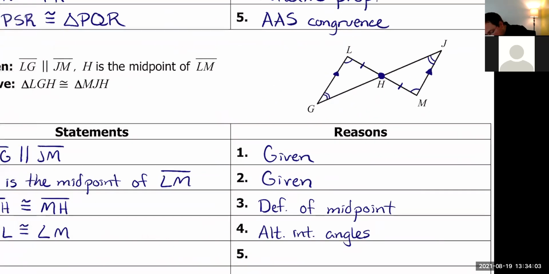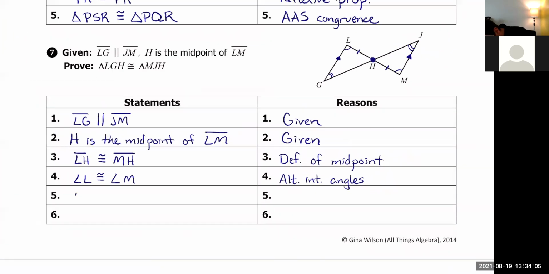So G and J are also congruent. So angle G is congruent to angle J, also alternate interior angles. And as I look at this, then I have, again, two angles and a non-included side. So I have enough to say that triangle LGH is congruent to triangle MJH, thanks to angle side congruence.